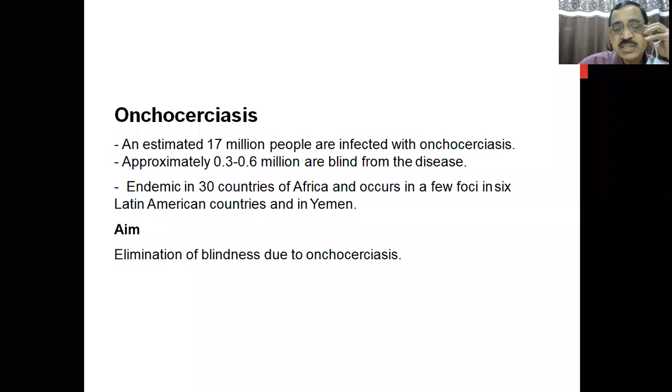So onchocerciasis is another one of the diseases which used to cause a lot of blindness. An estimated 17 million people are infected with onchocerciasis. Approximately 0.3 to 0.6 million are blind from this disease. Onchocerciasis is endemic in nearly 30 countries of Africa and occurs in a few foci in 6 Latin American countries and also in Yemen.